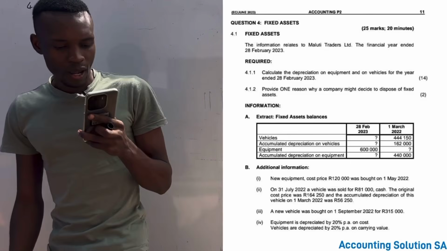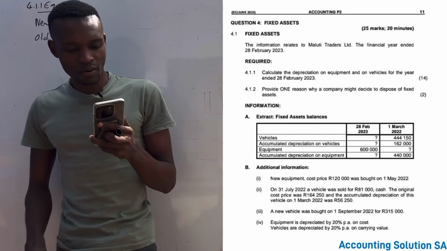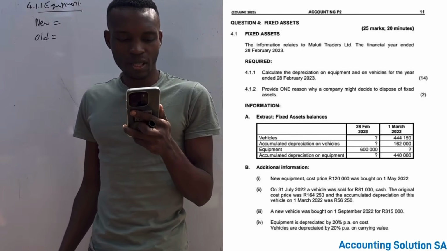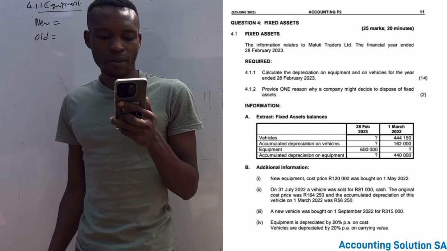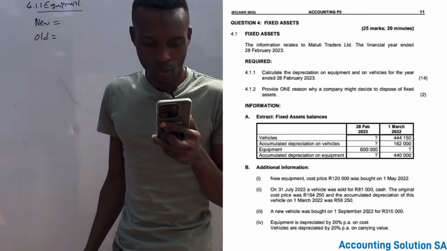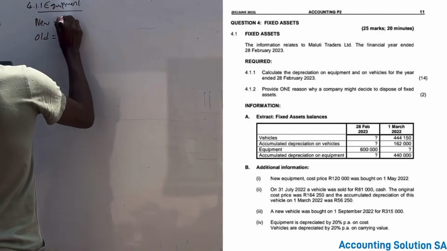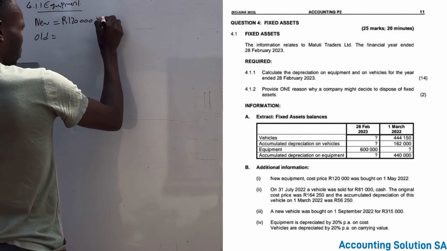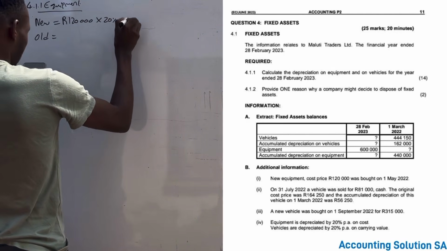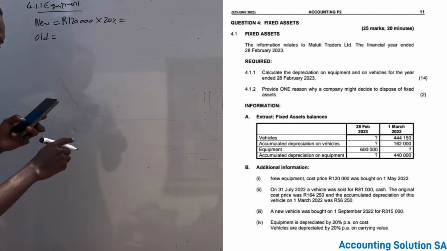Let's first check the method we need to use. They said equipment is depreciated by 20% per annum on cost, which means we take our cost price of 120,000 and multiply by 20%.